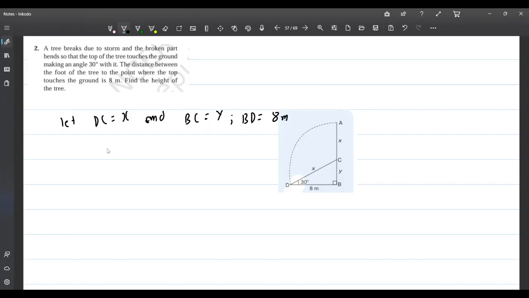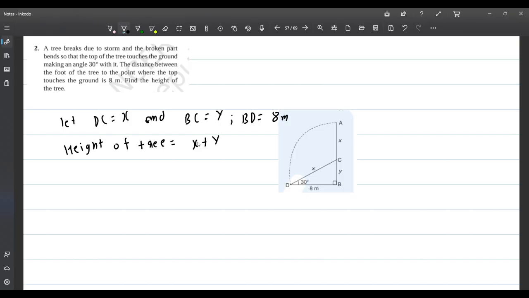Now height of the tree is equal to x plus y.